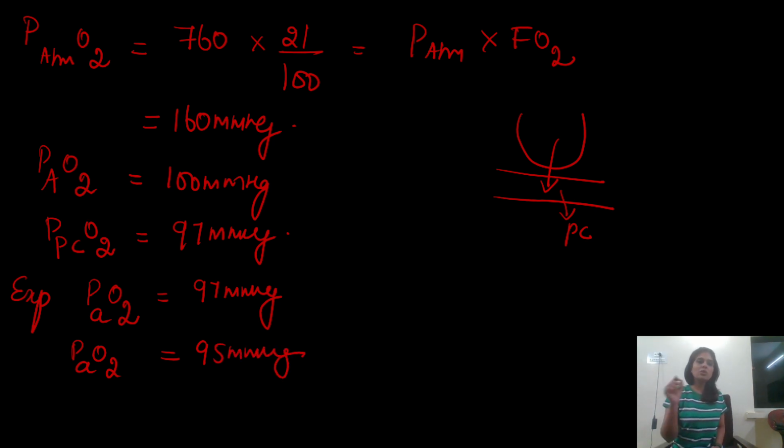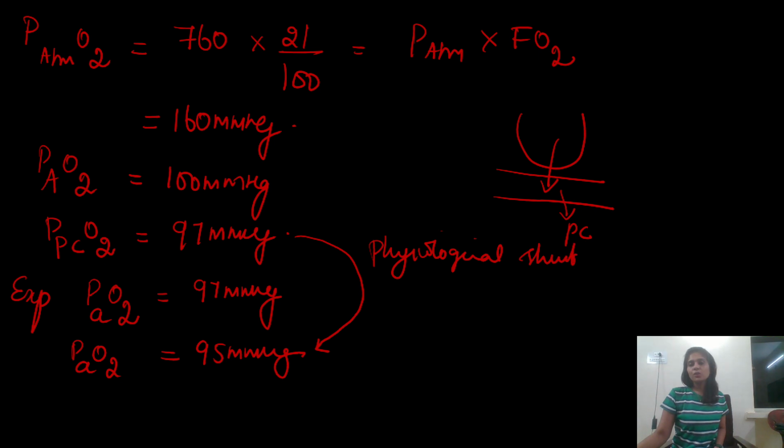So if you are asked what is the normal arteriolar partial pressure of oxygen, what should be your answer? 95 millimeter of mercury. So what is the reason for this reduction from 97 in the pulmonary capillary to 95 in the peripheral arteries? It is because of physiological shunt.